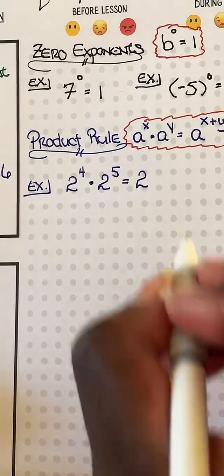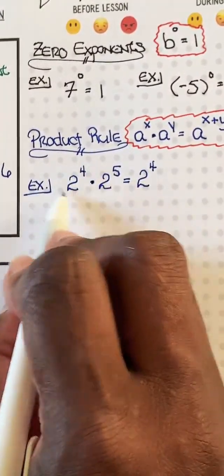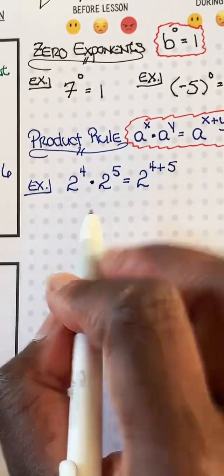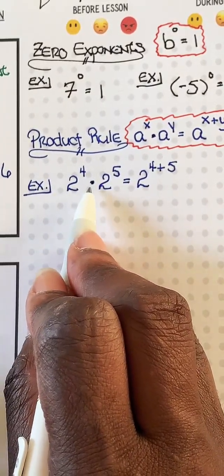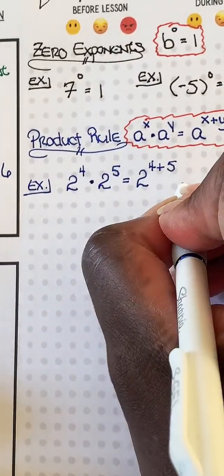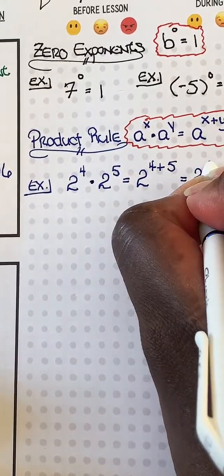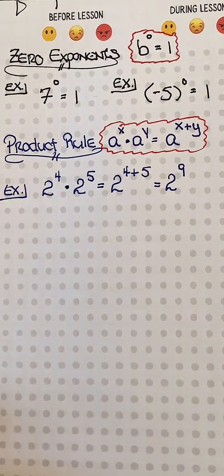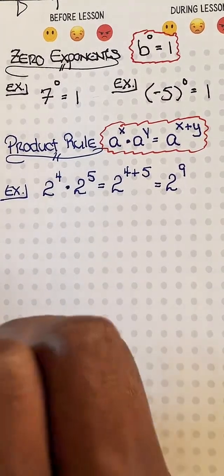But what I'm actually doing is I got the exponent of 4 here plus the exponent of 5 here. So when you're multiplying, you're adding the exponents. So you'll just simply say 2 raised to the 9th power. Okay, so they have to have the same base.